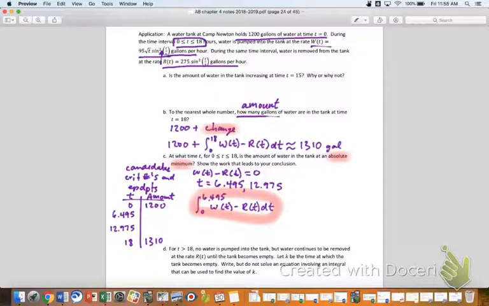It's not the amount, it's not the net rate of anything. It's the amount of change from 1,200.